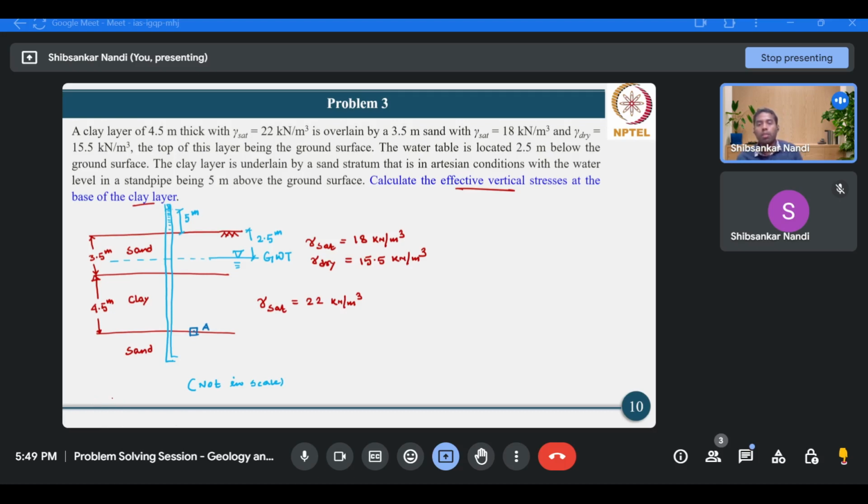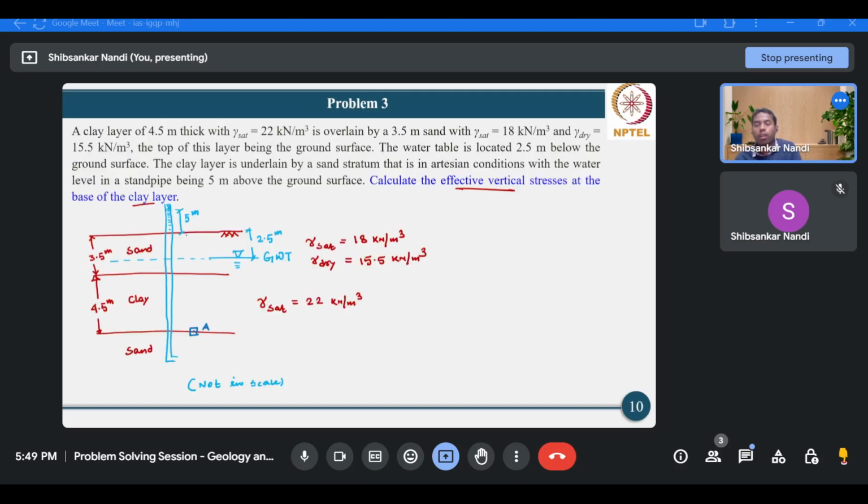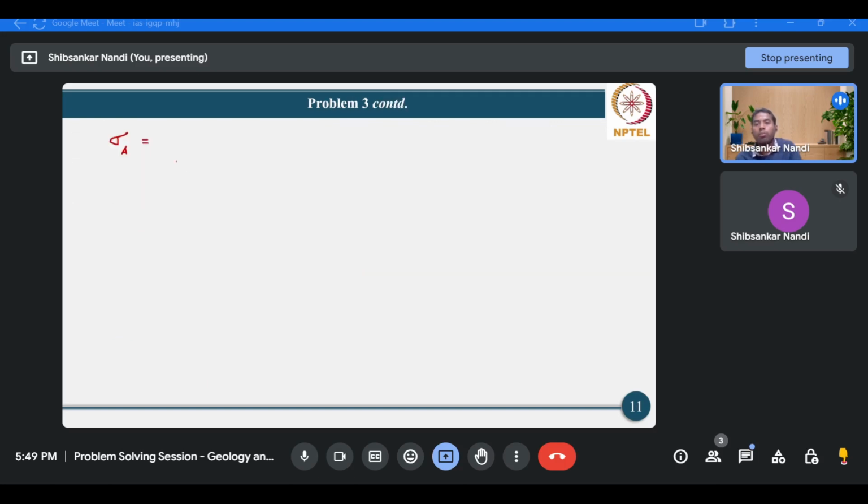the effective stress. Okay. So the calculation of total stress at point A, sigma A, will be simply the multiplication of thickness and corresponding unit weight, that is gamma z. For this 2.5 meter, we'll use the dry unit weight as mentioned earlier, so 15.5 into 2.5.